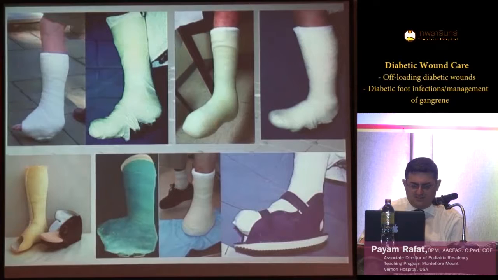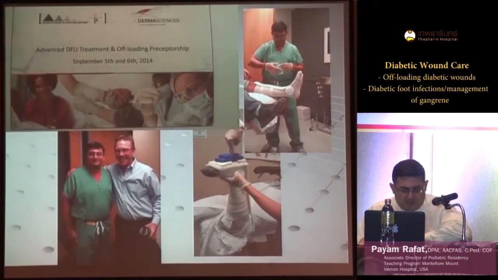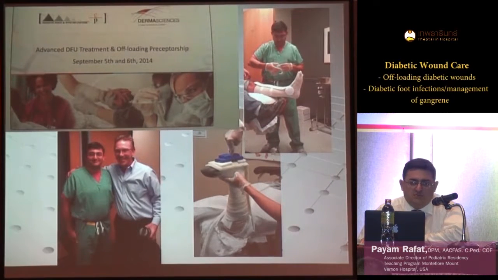So there are various techniques and different types that can be put on with plaster, fiberglass. There are all kinds of different materials that can be used. Now, when you're putting on the total contact cast for the first time, there's a bit of a learning curve. You want to have some training.